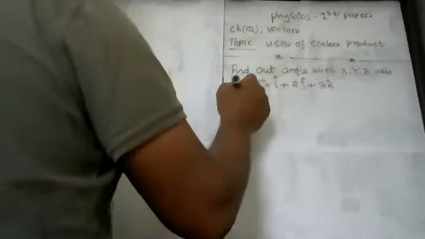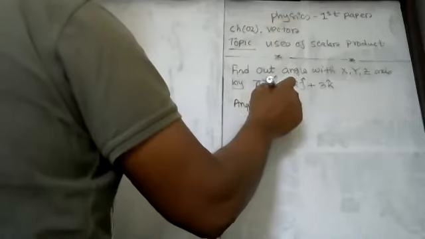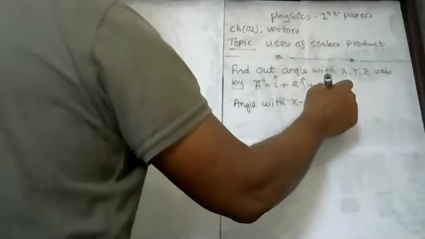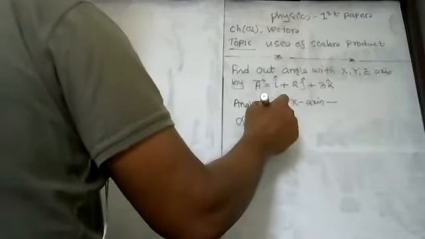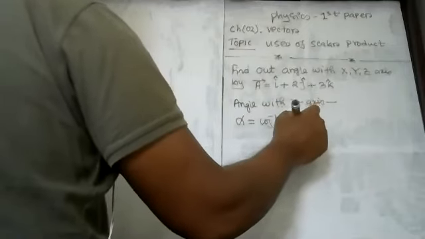Now at first, angle with x axis. That is alpha equal to cos inverse ax divided by a.